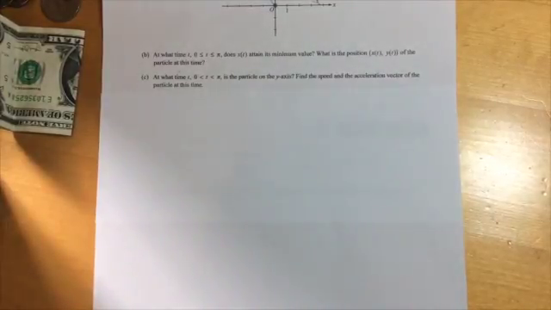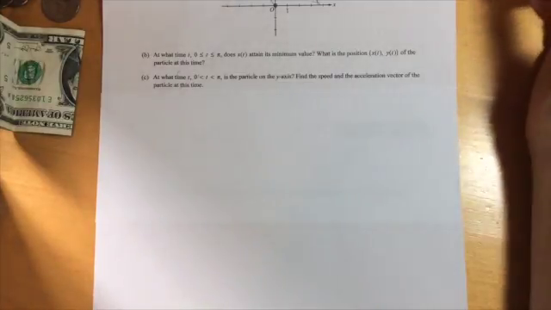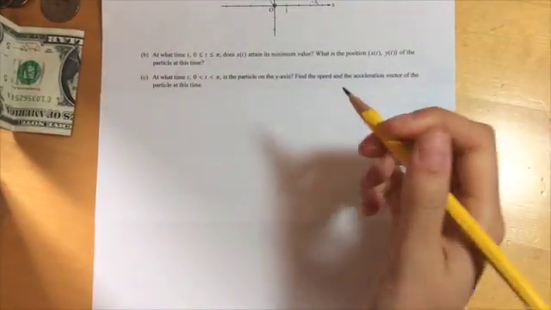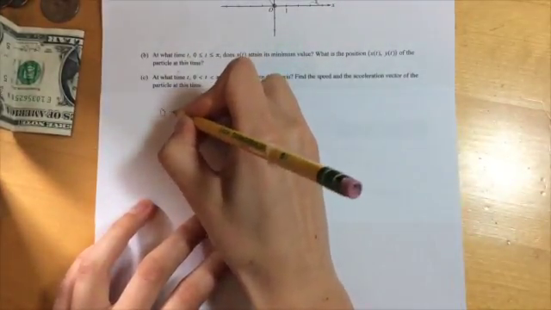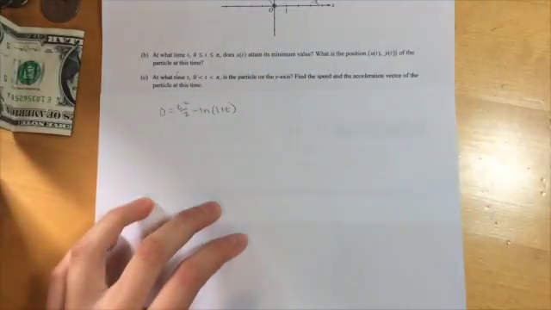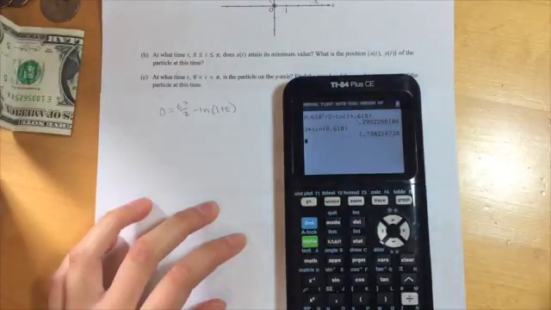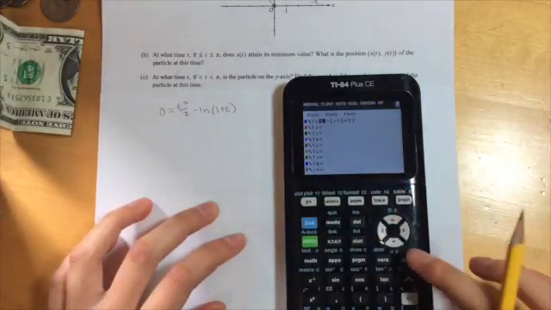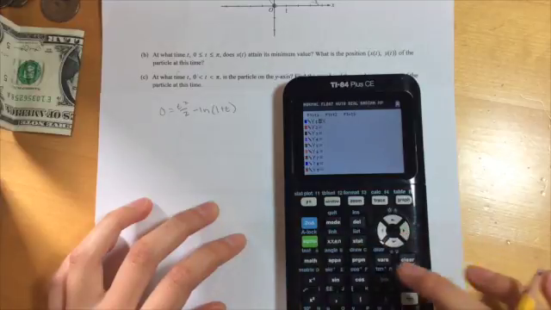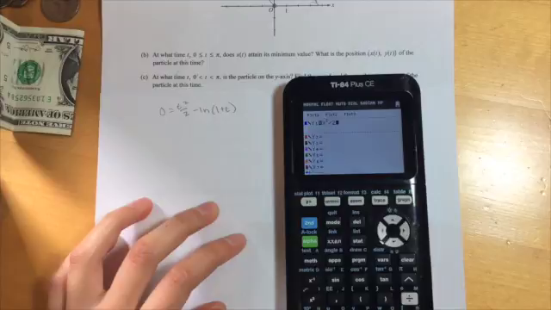So part C asks to find what time between 0 and pi the particle is on the x-axis. So the particle is on the x-axis when x of t equals 0. So we can set 0 equal to t squared over 2 minus natural log of 1 plus t. And then you can use the graphing calculator again to solve for this. So if you go to y equals and then plot x of t, then you have x squared divided by 2 minus the natural log of 1 plus x.